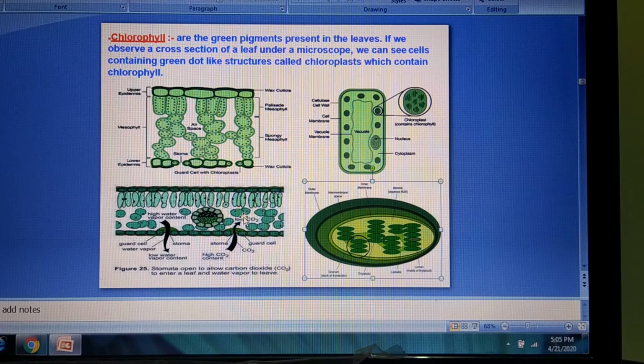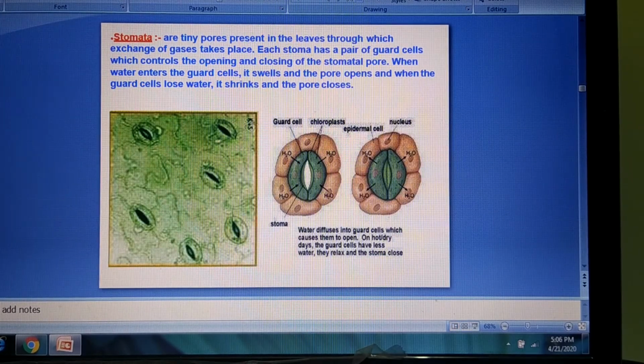After that it will enter the chloroplast, and there the other process will happen. Through these stomata, exchange of gases will take place, and transpiration also will be taking place.